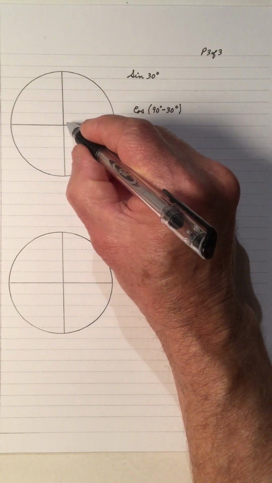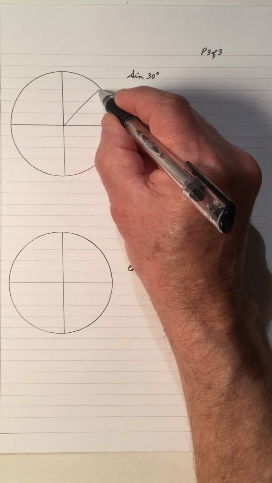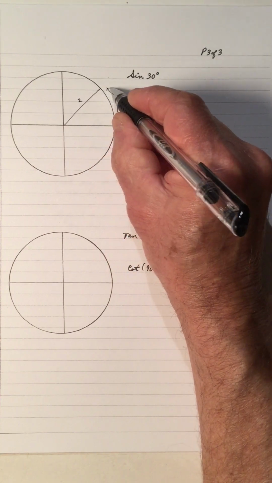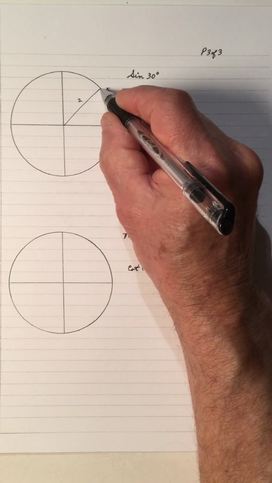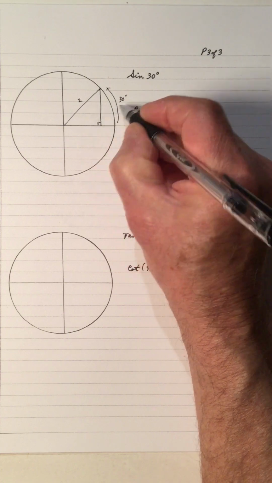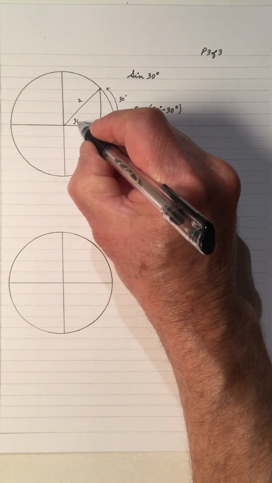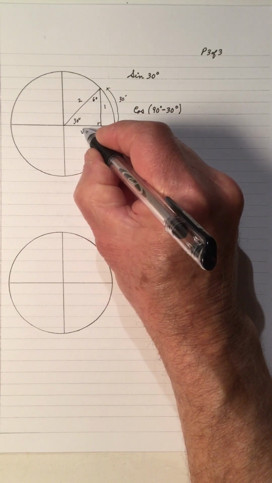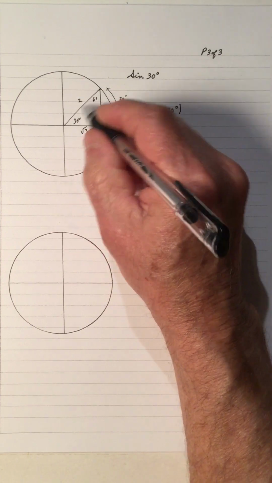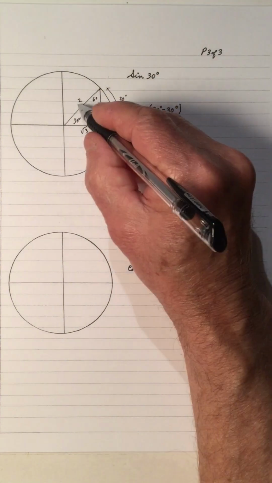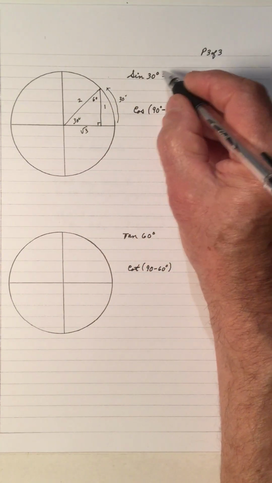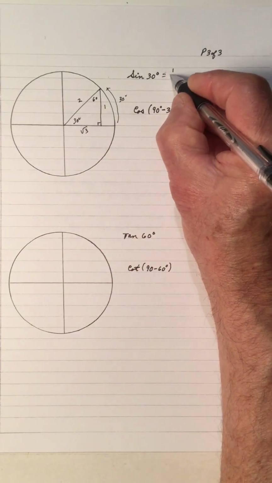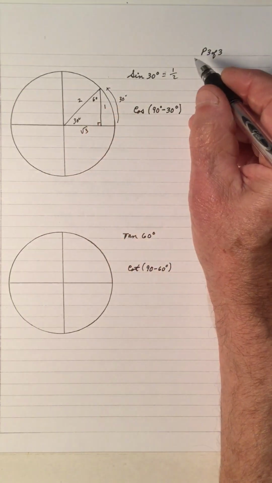To illustrate that, let's look at the sine of 30 in relation to the cos of 90 minus 30. Let's take a circle with a radius of 2, and do a rotation of 30. Drop a perpendicular. The central angle is 30. This is a 60, this is 1, and this is root 3 in the special right triangle, with a hypotenuse of 2. So the sine of 30, opposite over hypotenuse, is 1 over 2.